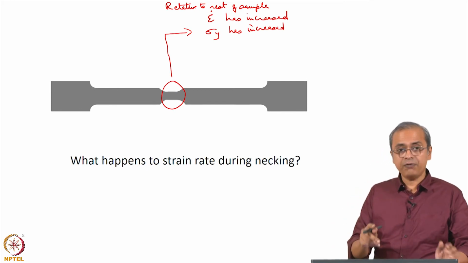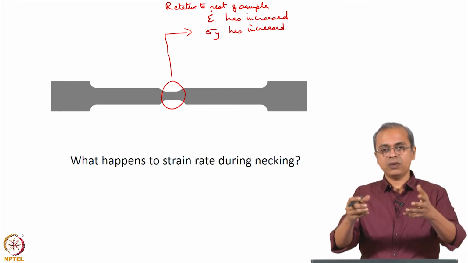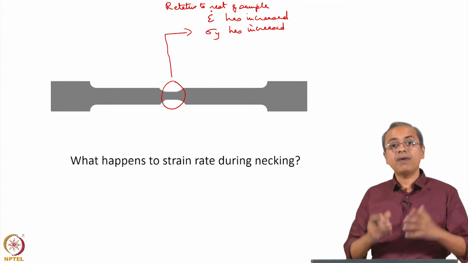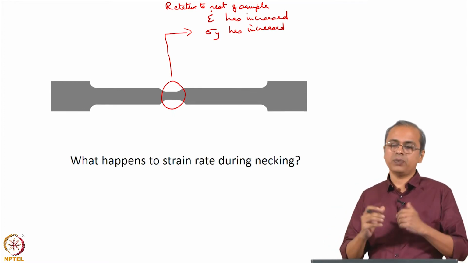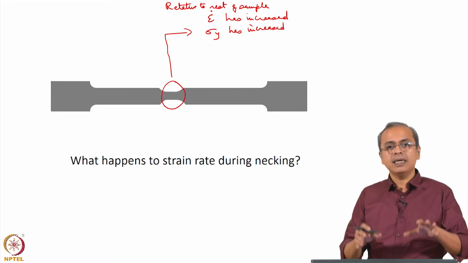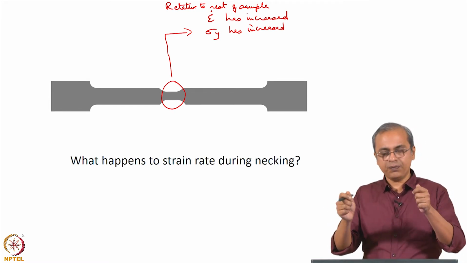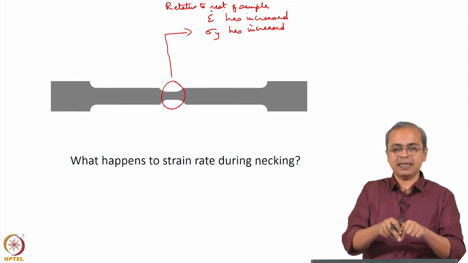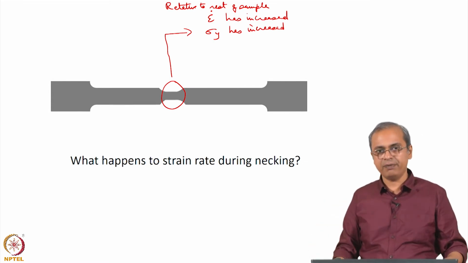So, now if you want to do the next increment of deformation, where will the material deform? That is the question we have to ask. We have already formed the neck. Generally in most samples, once you form the neck, as you try to deform more, the deformation happens at the necking region, and therefore the sample fails.